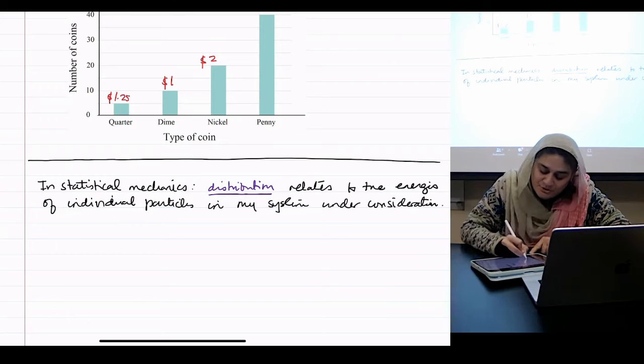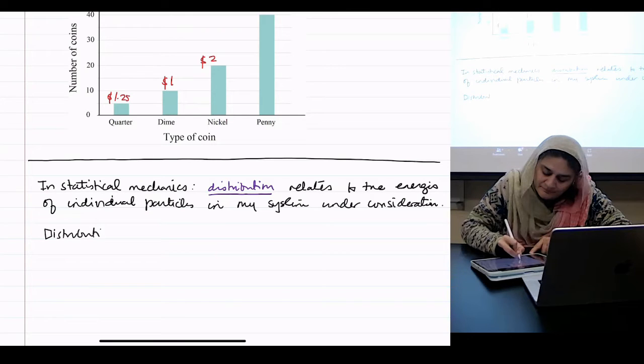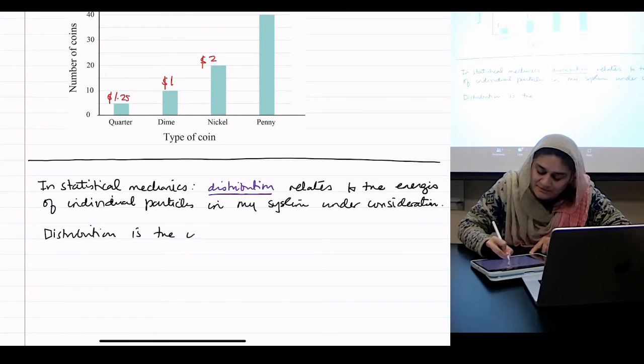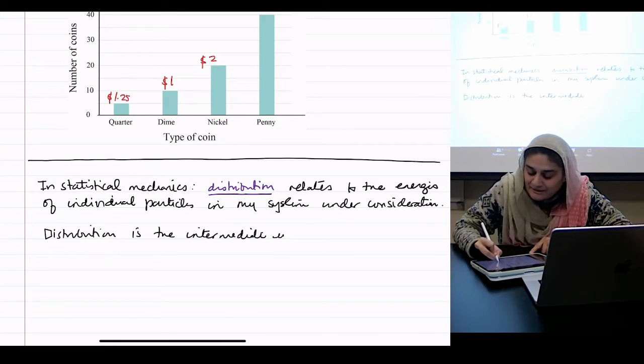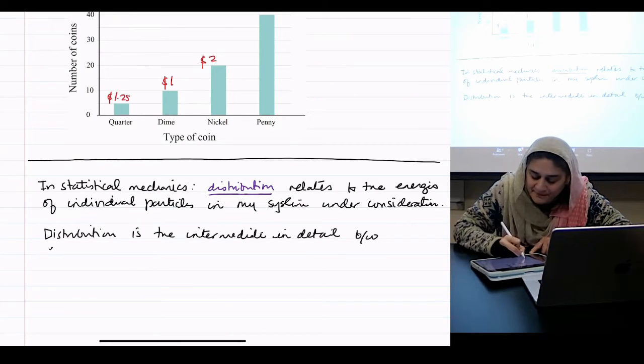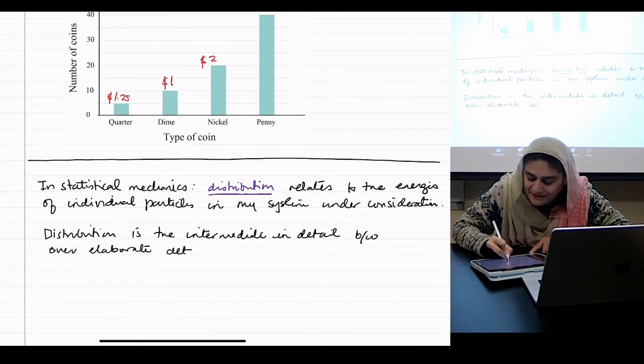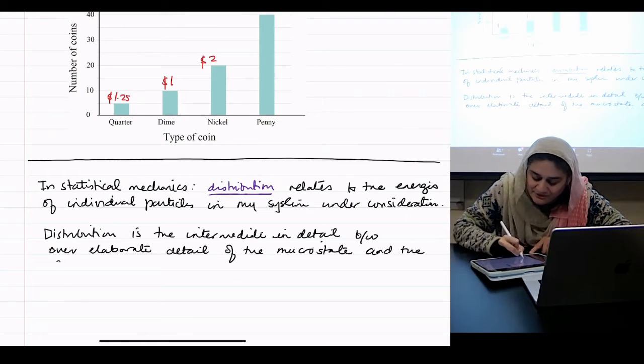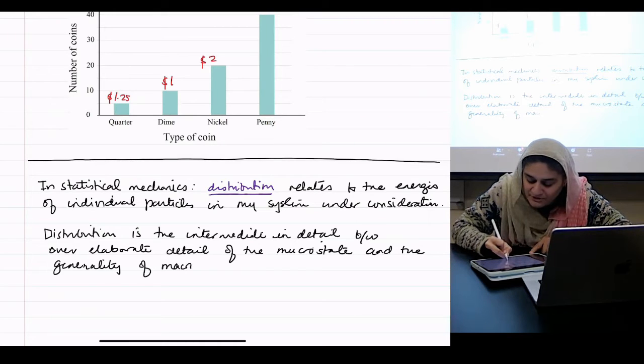So a distribution is the intermediate in detail between the over-elaborate detail of the microstate and the generality of macrostates.